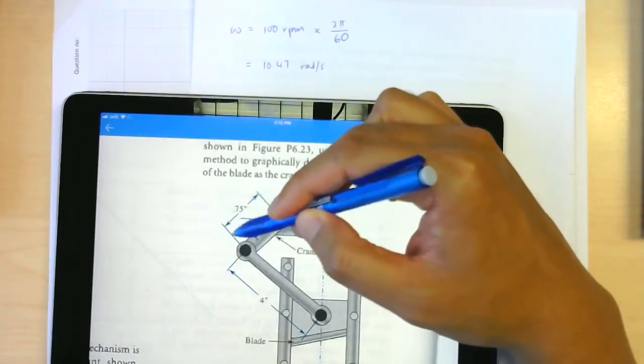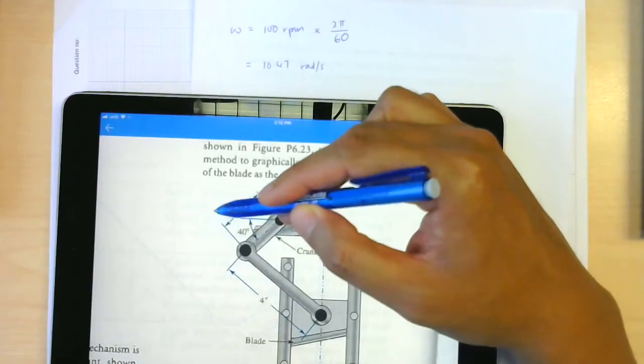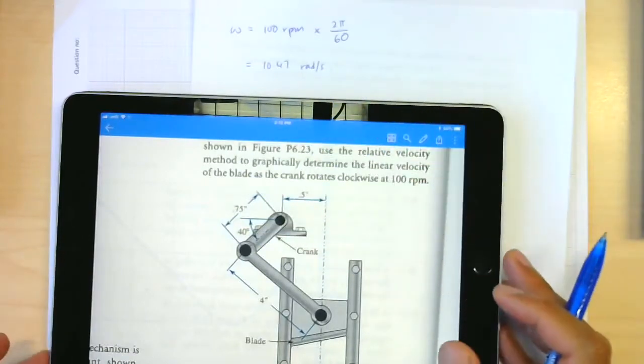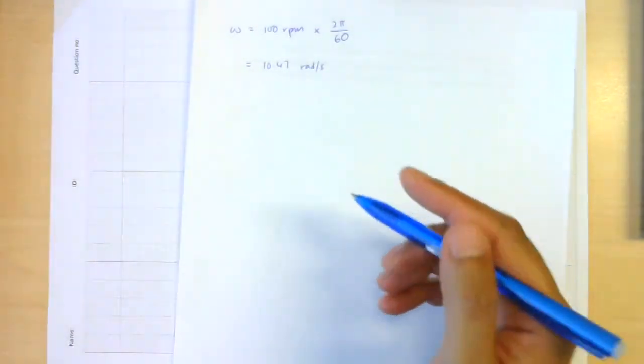So we already have the angular velocity in terms of radian per second. Now we need to find the velocity at this point. The velocity should always be omega r.